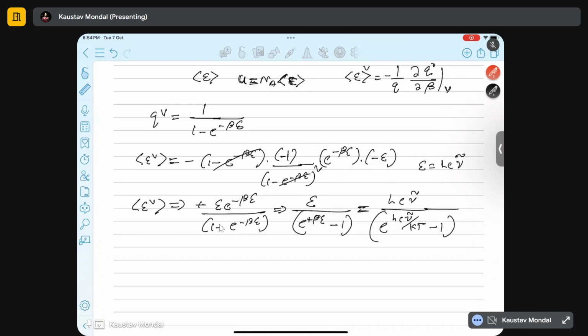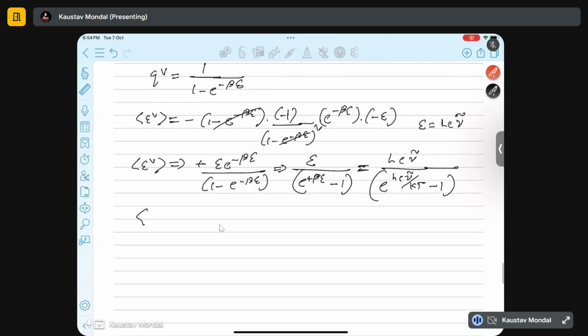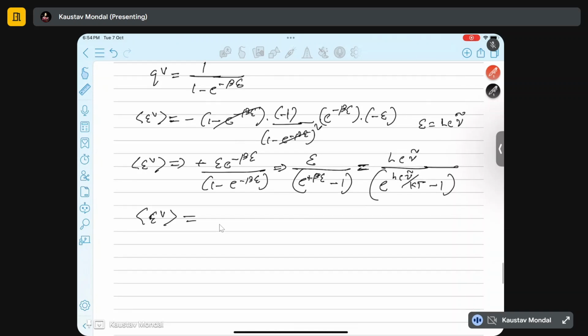Now we are already familiar with the term vibrational characteristic temperature, whose expression is given by this. Theta v is the vibrational characteristic temperature, which is basically nothing but hc nu tilde by k. So we will now write this whole expression in terms of the characteristic vibrational temperature.